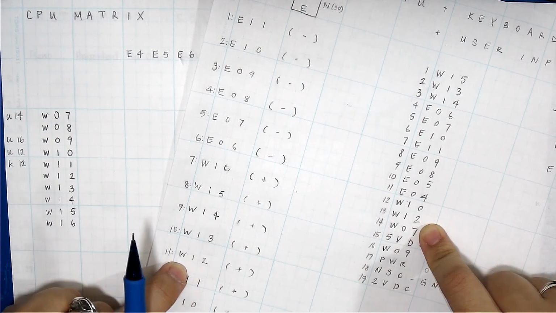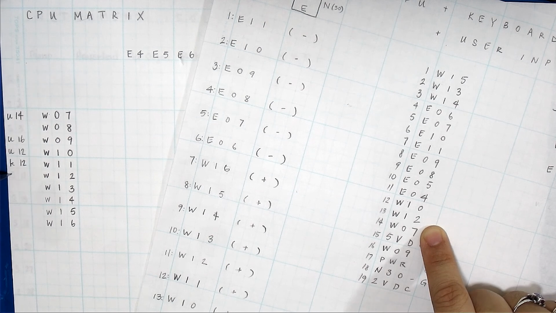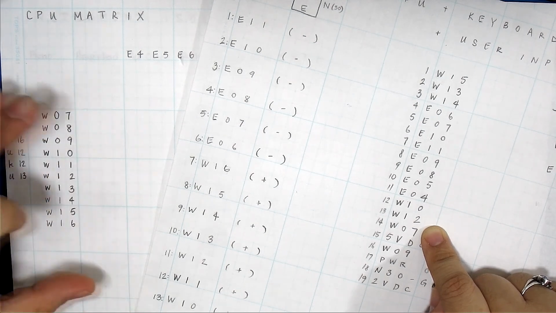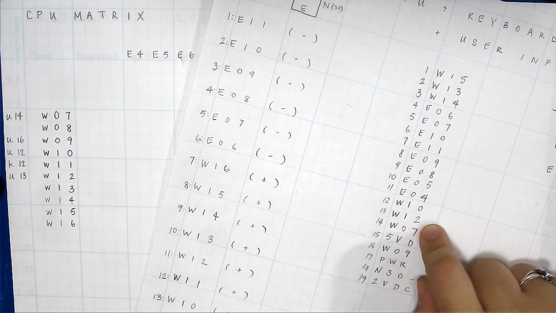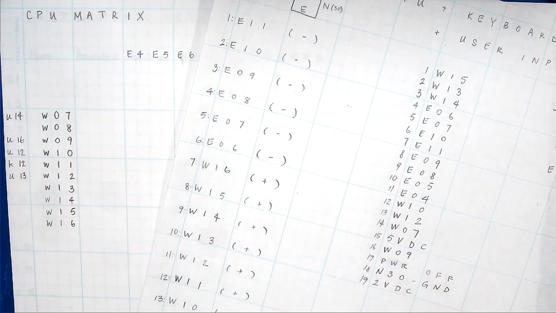I'm going to use U13, because the majority of items connected to the CPU are accessible via the user input. So it's easier for Whisker to tap on just the user input lines rather than going between user and keyboard all the time. And electrically, they're exactly the same wire. Right, they're connected to each other.